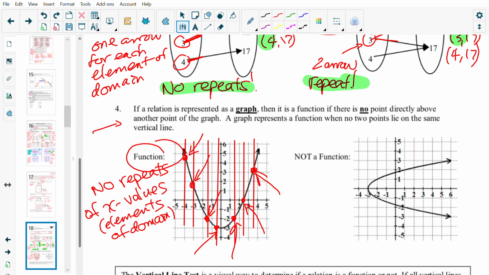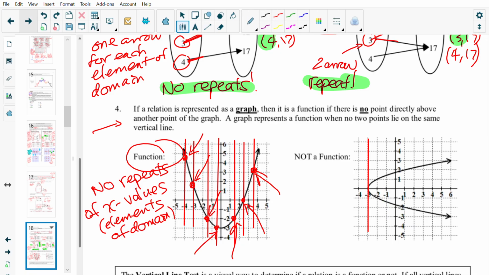How about the next one? If I turn this graph on the left 90 degrees to the right, let's do the same vertical line test. Okay, when I do this, that's fine. That's just one point. But the moment I go here, that's 2 points.